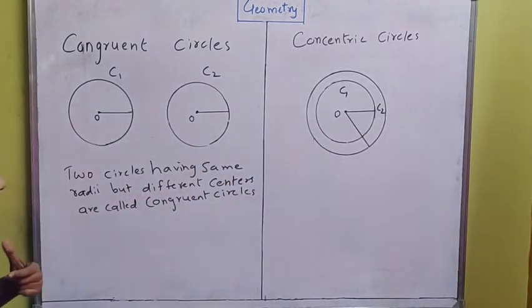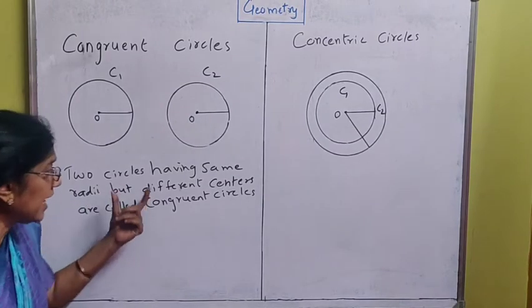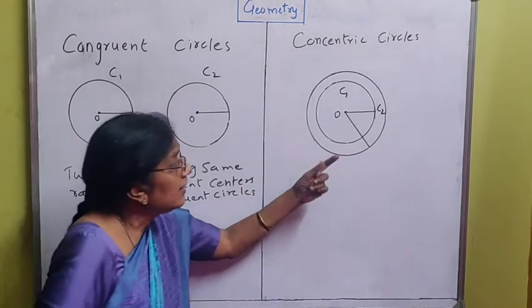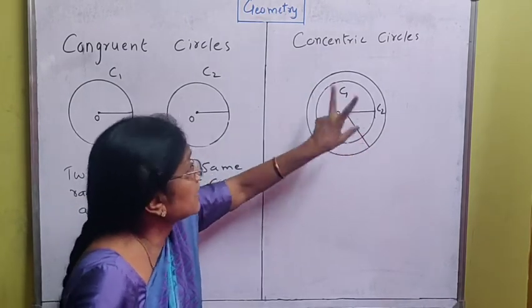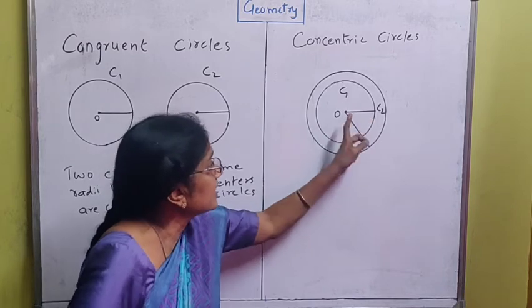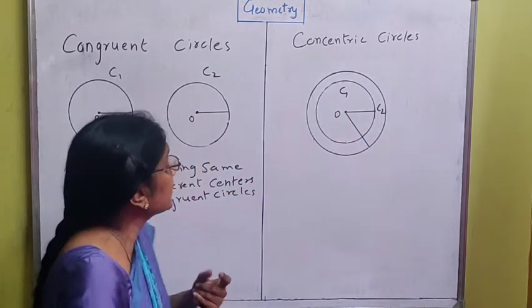The opposite of this. Here the radii are same and centers are different. Here the center is same and the radii are different. You can see C1 circle is a smaller circle, so its radius is less. C2 circle is a bigger circle, its radius is more.